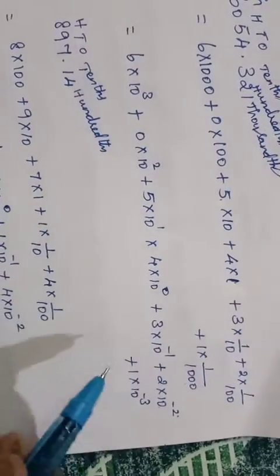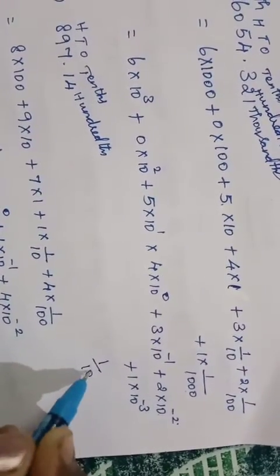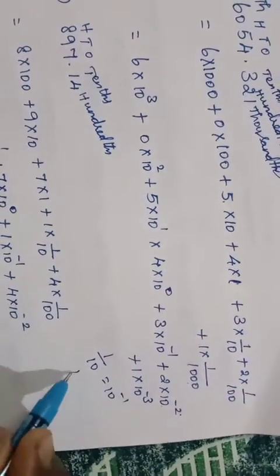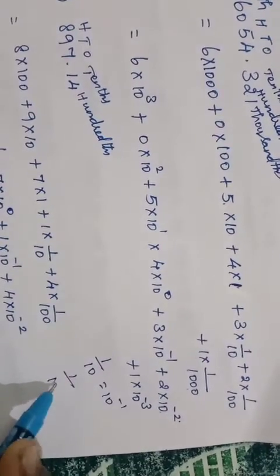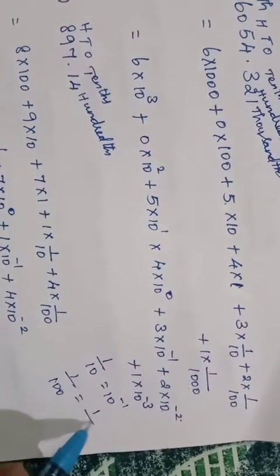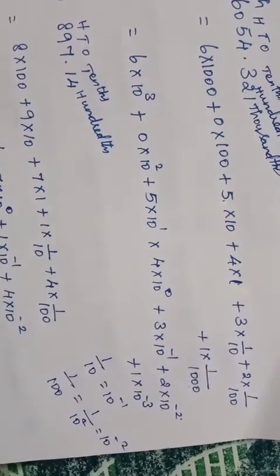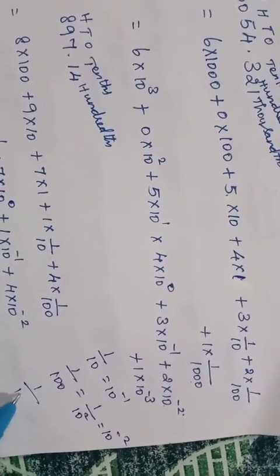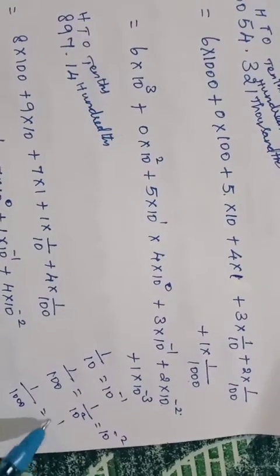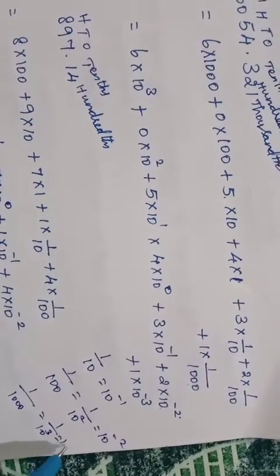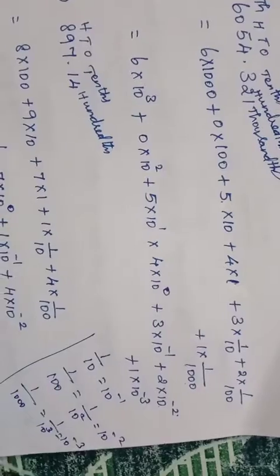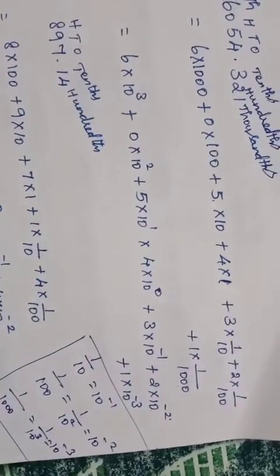So 1 by 10 is written as 10 power minus 1, 1 by 100 is 1 by 10 square, equal to 10 power minus 2, and 1 by 1000 is 1 by 10 cube, that is 10 power minus 3.